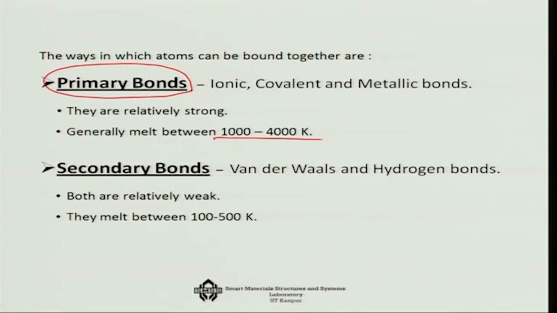And there are secondary bonds, which are like van der Waals bonds or hydrogen bonds. They are relatively weak and they melt between 100 to 500 Kelvin. So, these are the two groups of bonds: the primary bonds, which have the ionic, covalent and metallic bonds, and the secondary bonds, where we will mostly consider van der Waals bond and hydrogen bonds. So, let us look into these bonds now more carefully.